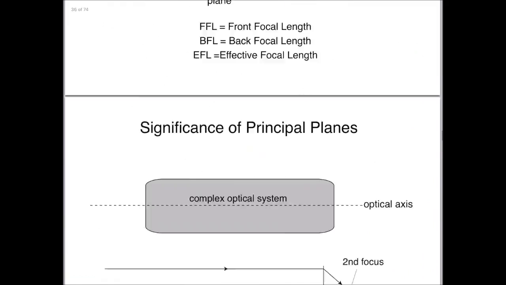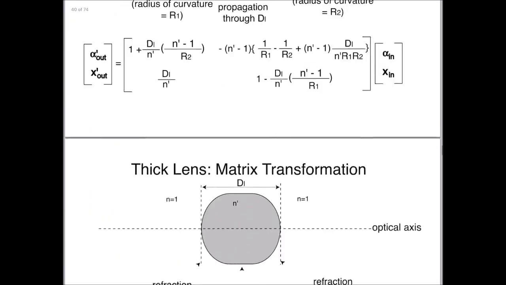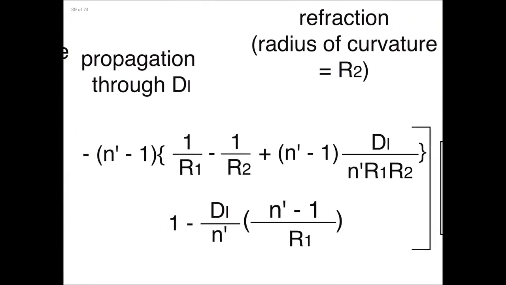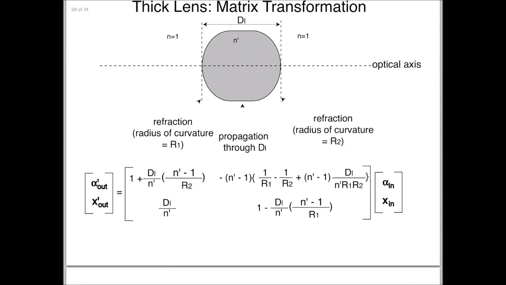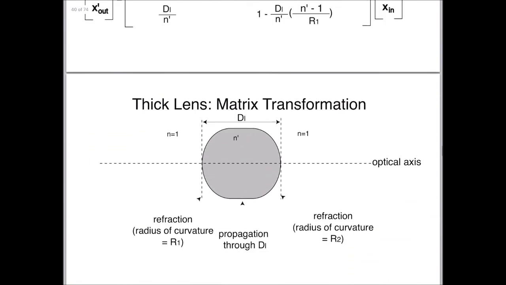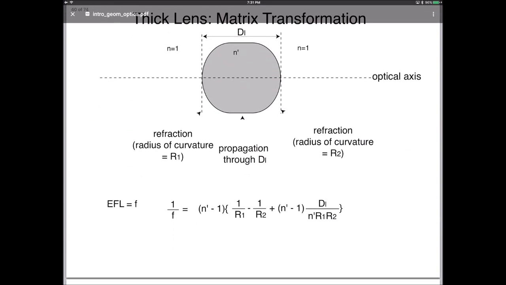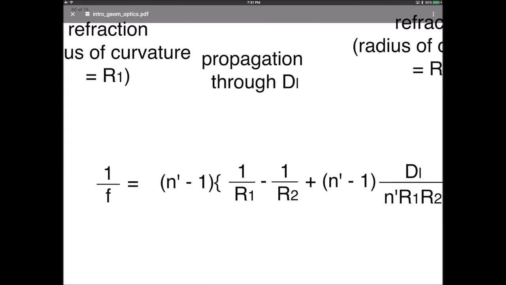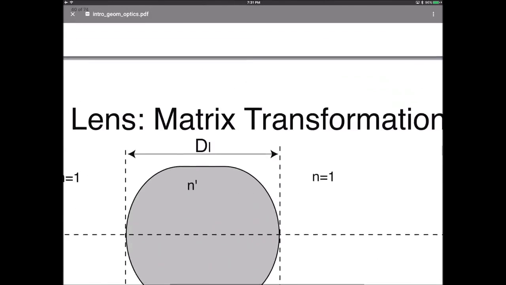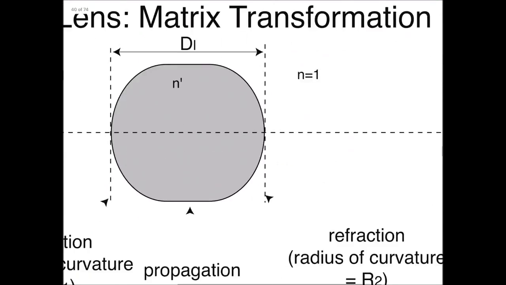So if we look at the second term, that is this one, we take the negative of that and do an inverse. We are supposed to get the focal length of the system. But remember, the focal length of the system is the effective focal length if you have a thick lens. So you see the effective focal length f, and 1 over f is the power, which is nothing but the negative of this term. So those two terms are the same.